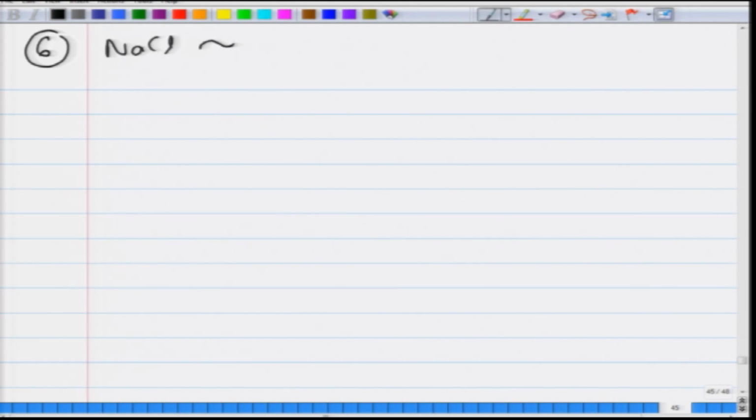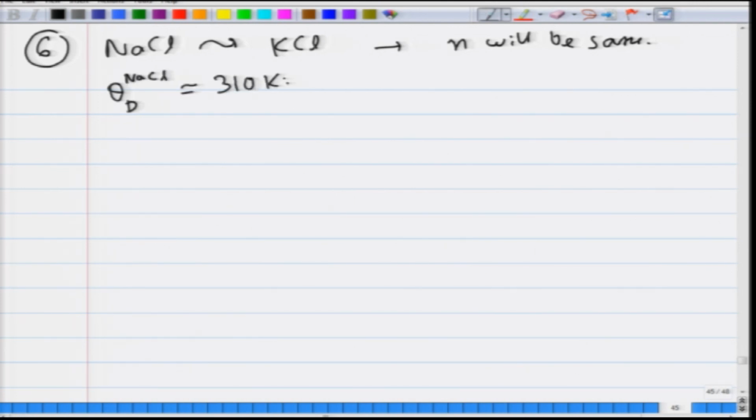Now for question 6, NaCl has the same crystal structure as KCl, so in both cases n will be the same. The Debye temperature of NaCl is given as 310 Kelvin. What will be the specific heat of NaCl at 5 Kelvin?